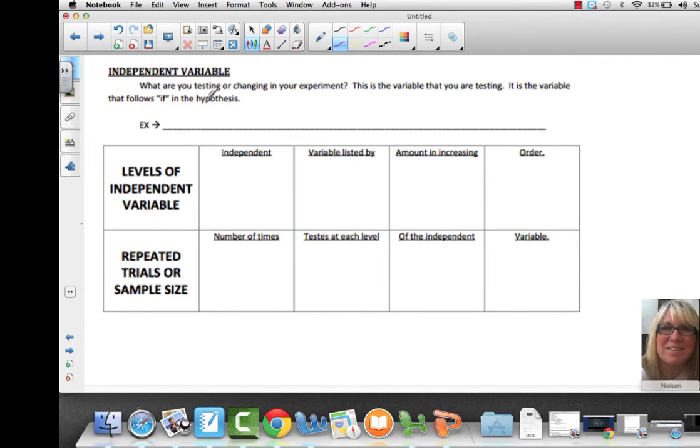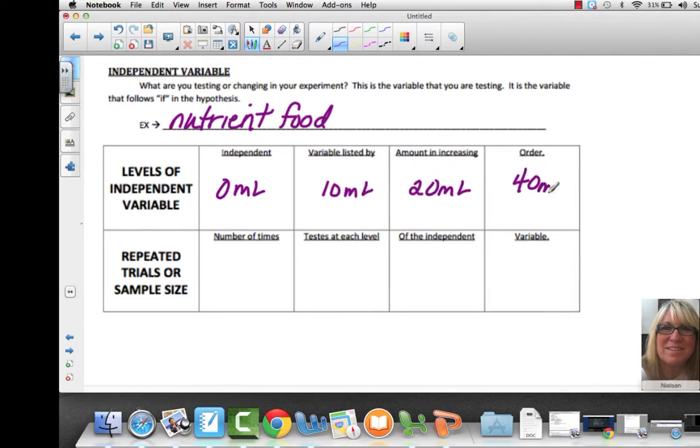Okay, what is our independent variable? So what are we changing? Well, we said the independent variable is the nutrient food. We're going to change the amount of nutrient food. So levels of the independent variable. So we might have 0 milliliters, 10 milliliters, this is of the nutrient food, 20 milliliters, we'll double it, and 40 milliliters.